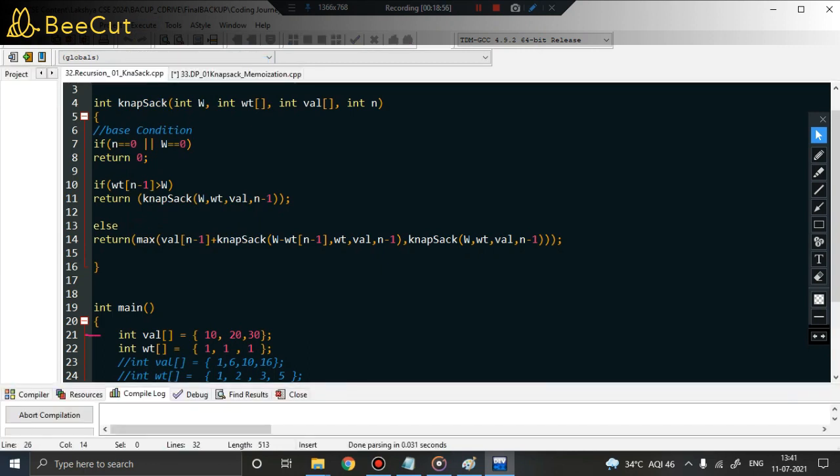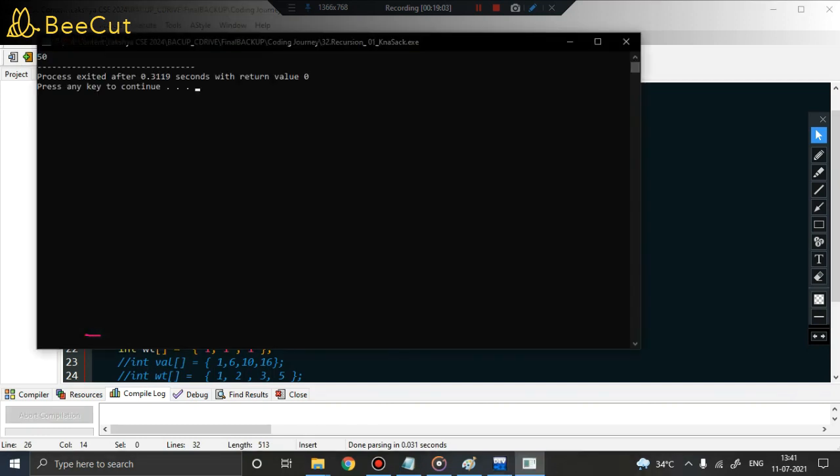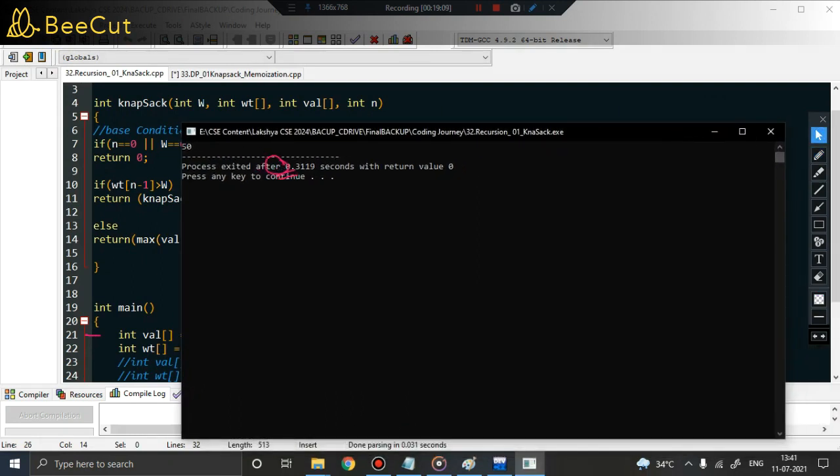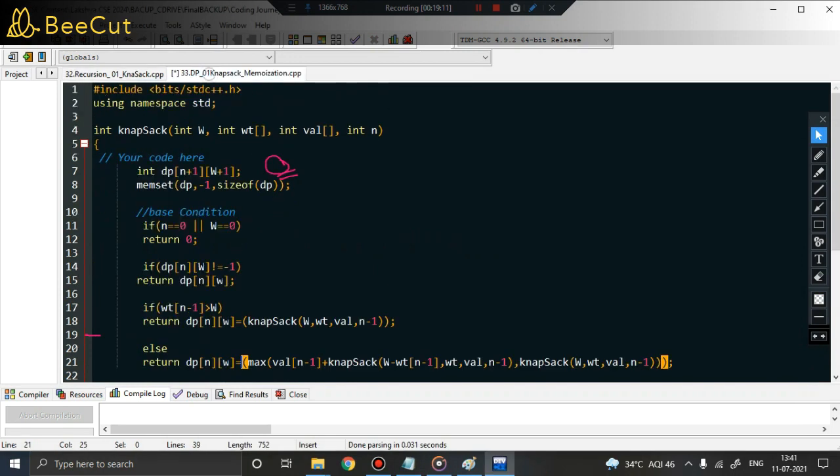We know that, right? But we know that it has a problem of overlapping subproblems. So the answer you can see is 50 by using the recursion, but we know that it has overlapping subproblem issues. So what did we do? We used memoization. The only change that we did was we used a table. Before doing any recursive call, remember, before doing any recursive call, we are initially checking whether the value is present or not.